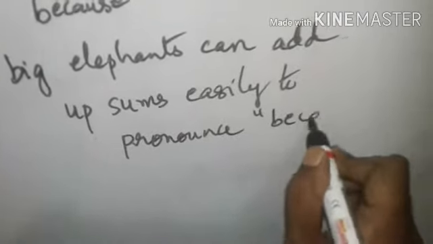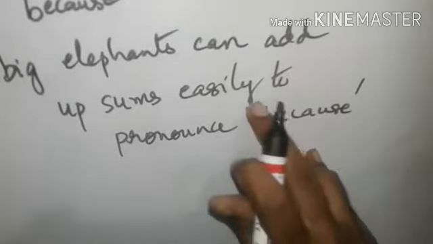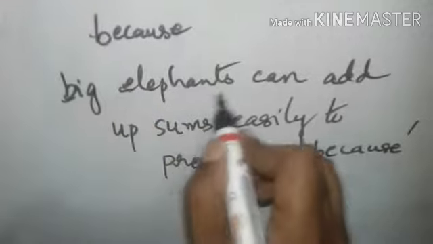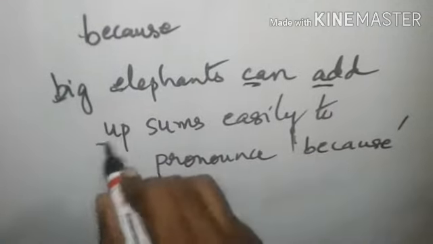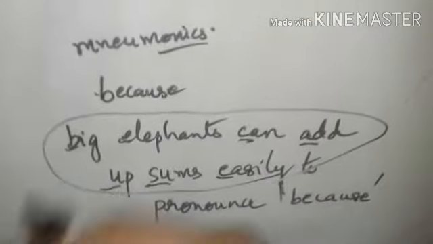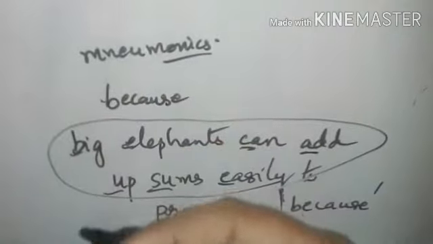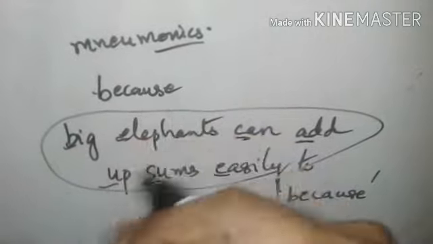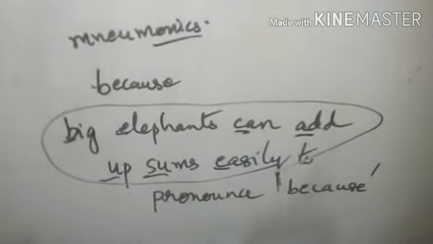B E C A U S E is because. Similar types of different examples could be added, and I think this is a fun way of learning, and sometimes it might work with some of the students.